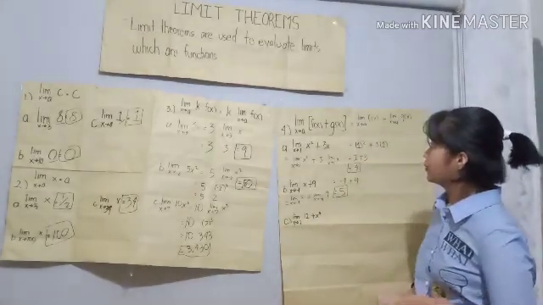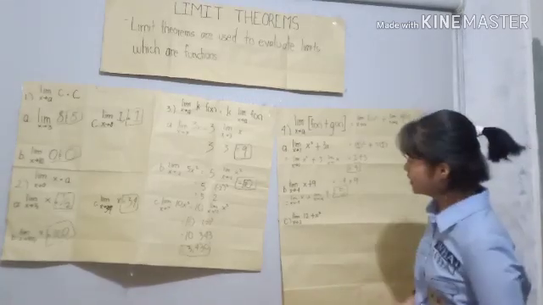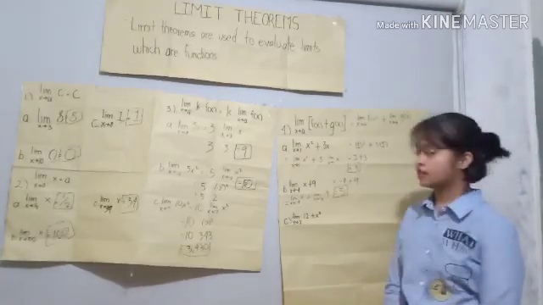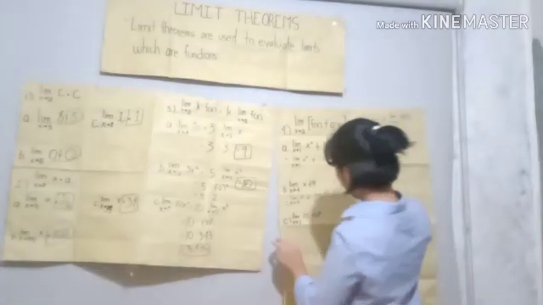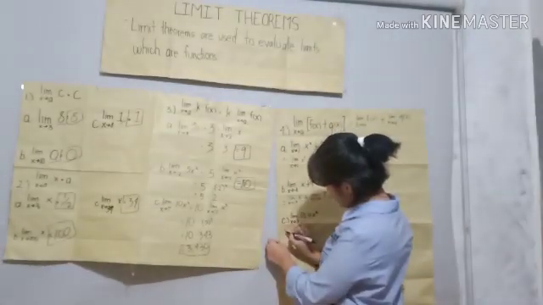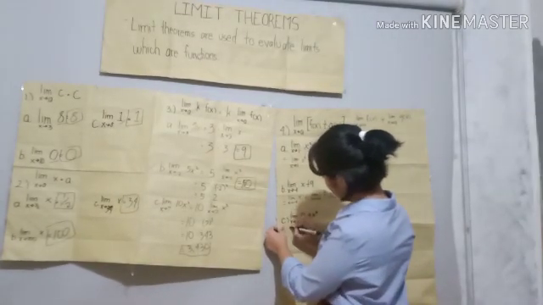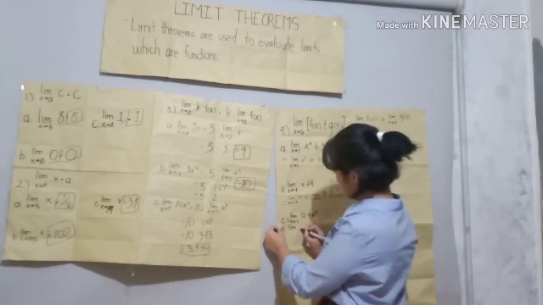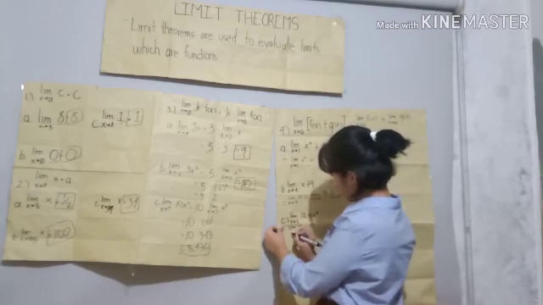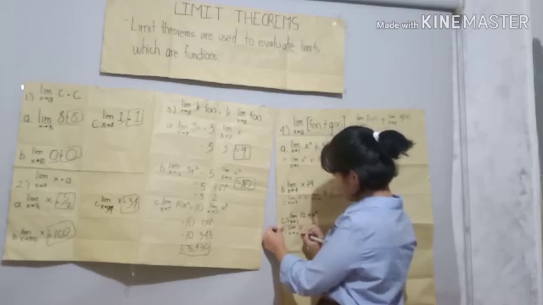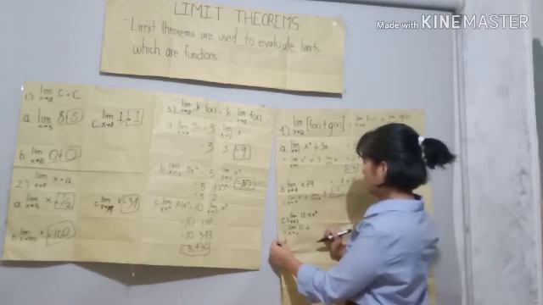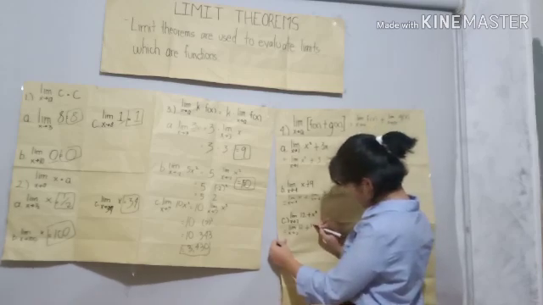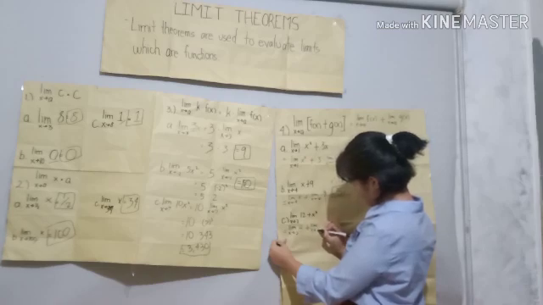In the last example for this theorem, the problem is the limit of 12 plus x cubed as x approaches 2. Arrange: the limit of 12, which is 12, plus the limit of x cubed, which is 2 cubed.